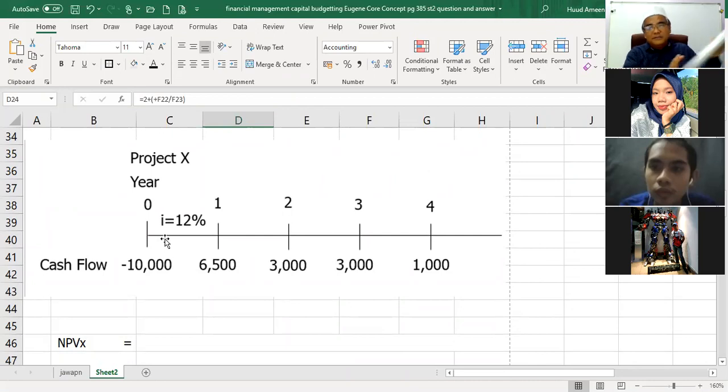Table PVIF, table A2, all right? So net present value, you have to calculate the present value of each year: 6,500 in year one, 3,000 in year two, 3,000 in year three, and 1,000. If you want to, what?